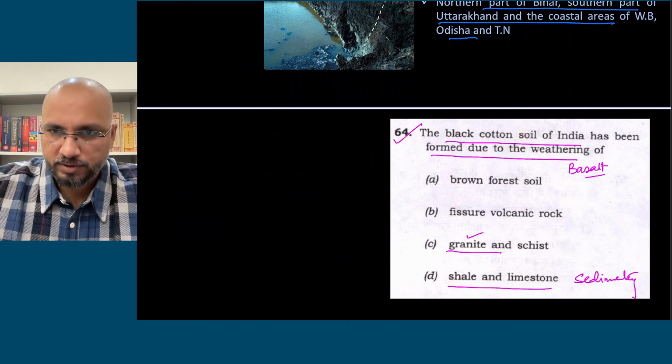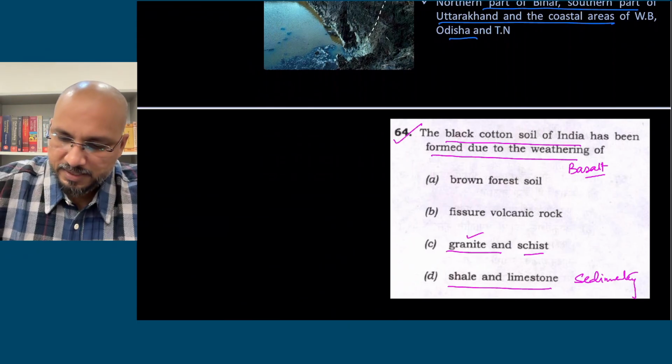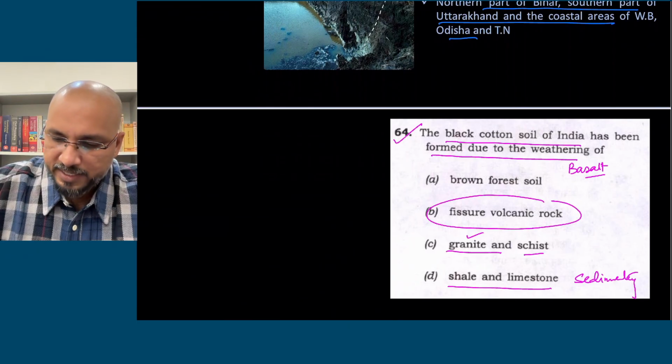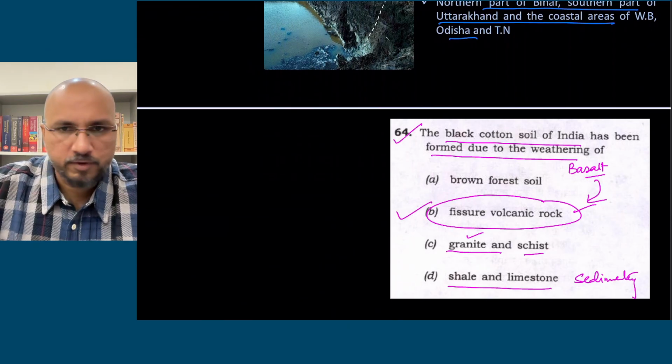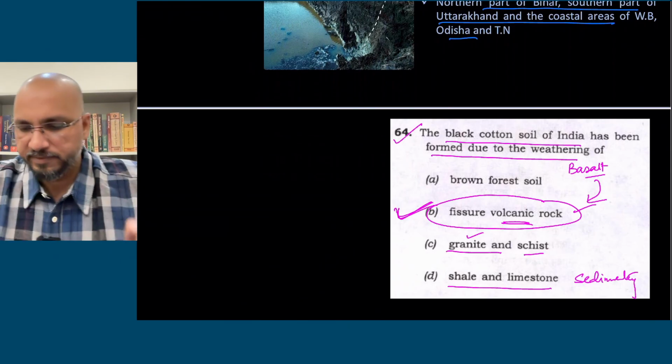Granite जो plutonic rock है. Schist, it is a metamorphic rock. यहाँ पे देखो fissure volcanic rock, so ये basalt. So option B, brown forest soil नहीं है, तो option is B, volcanic rock से बना है, that is basalt. So that was the PYQ.